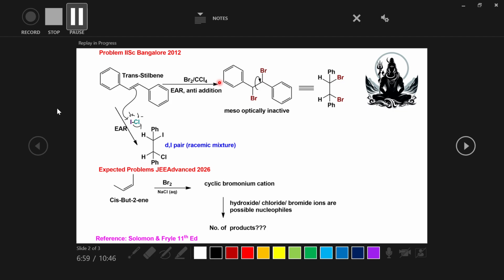Once the bromonium ion is formed, the bromide can attack any of the carbons to which the Br plus is added. Similarly over here, the I plus is added to these two carbons, and the chloride can attack any of these carbons. So that would mean that we can have a DL pair, 50% of D and 50% of L. That means as a whole, this mixture will be a racemic mixture.